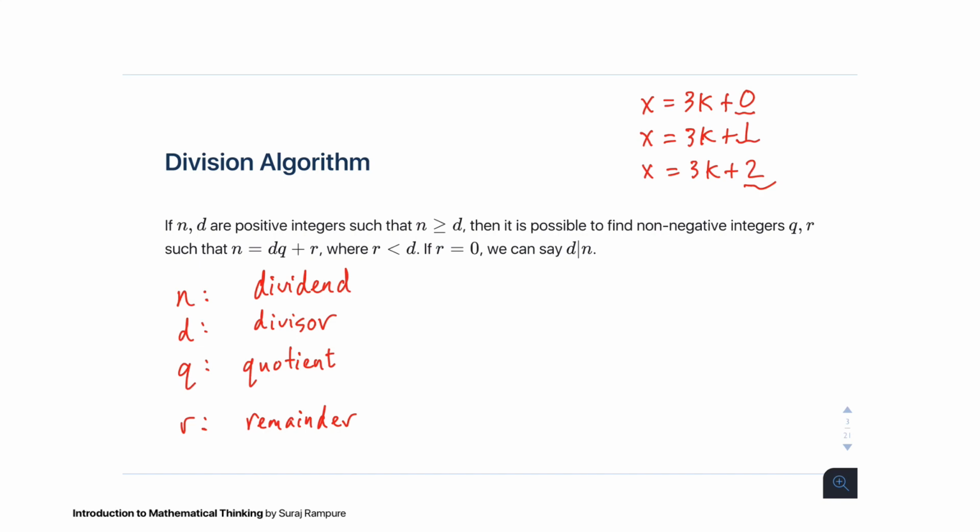Is that clear? Okay, so this is basically just a complicated way of saying, if I want to divide 25 by 7, I get 3 with a remainder of 4. All this is saying is I can put this together formally as 25 is equal to my divisor, which is 7, times my quotient, which is 3, plus my remainder, which is 4.